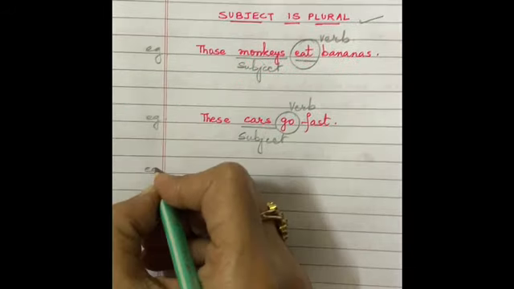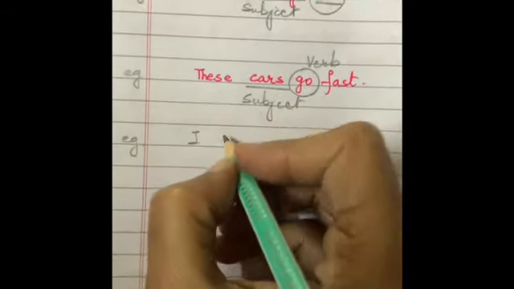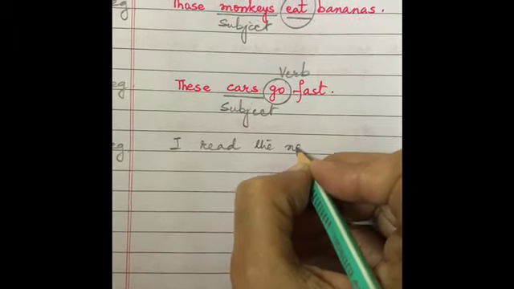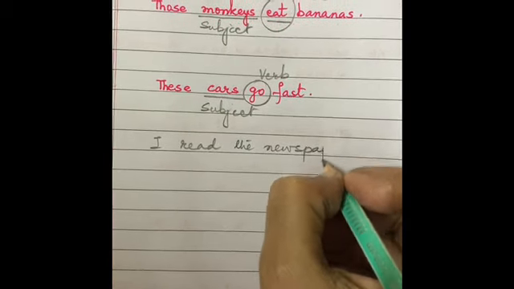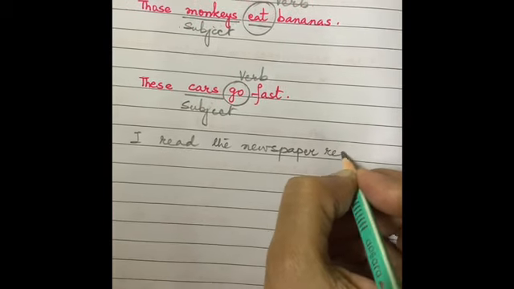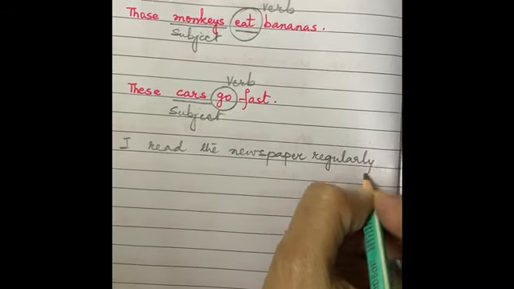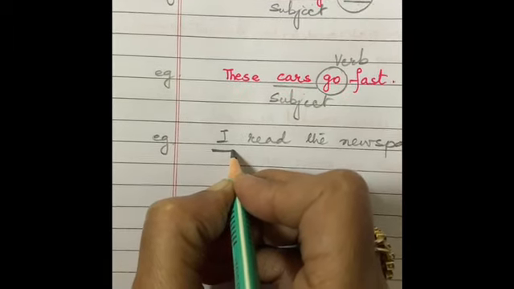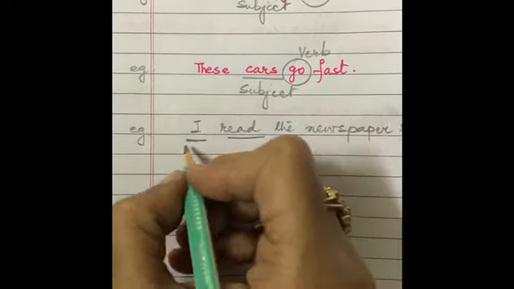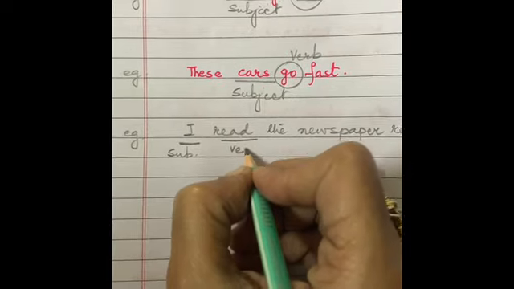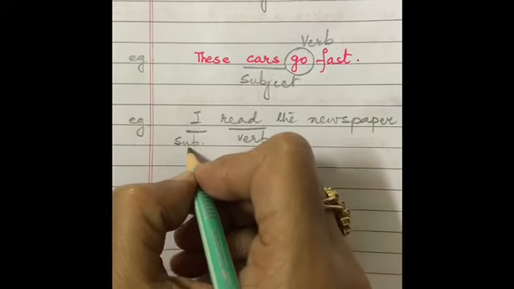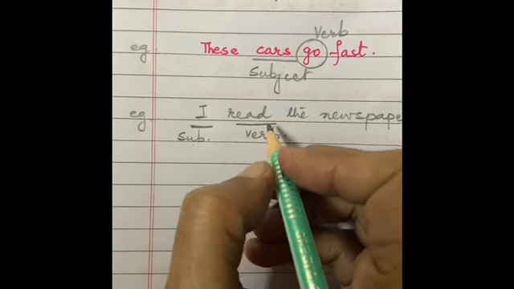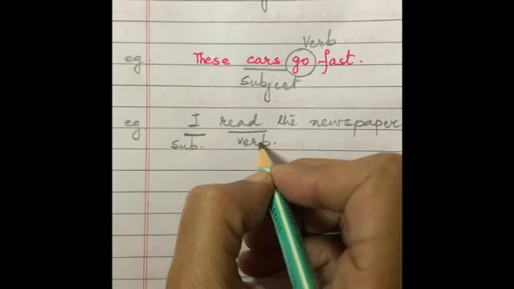For example, I read the newspaper regularly. Here, I is singular, but the verb read is in the plural form.